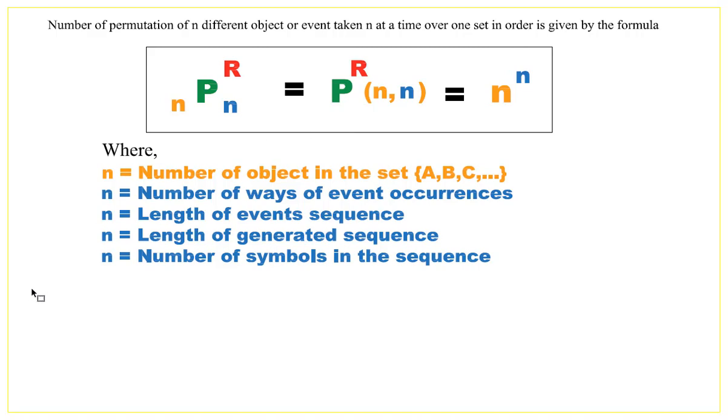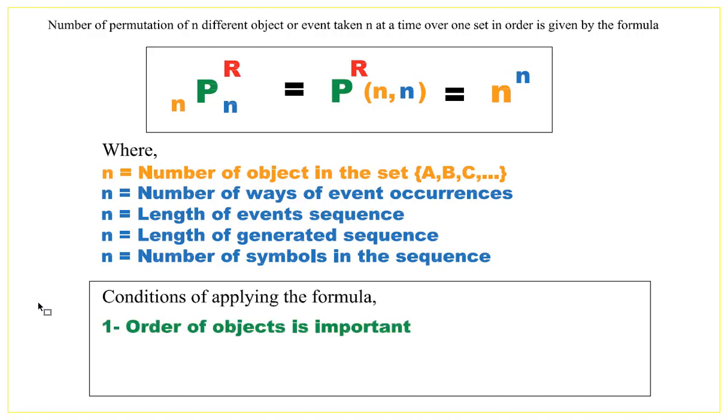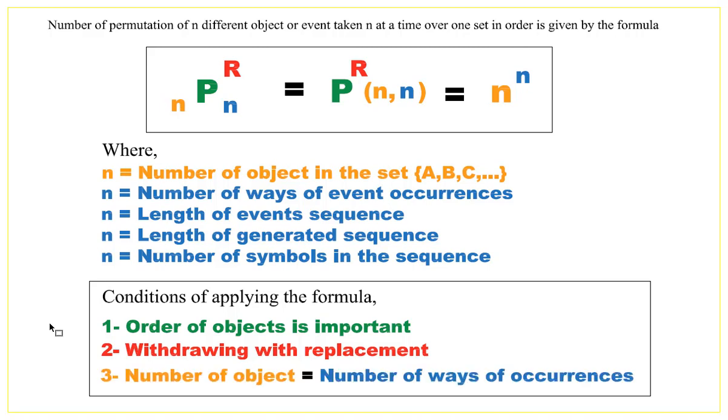And these conditions are: the first one, order of objects is important. The second one, withdrawing is with replacement. And the third one, number of objects is the number of ways of event occurrences. If one of these conditions is not met, we cannot apply this formula.